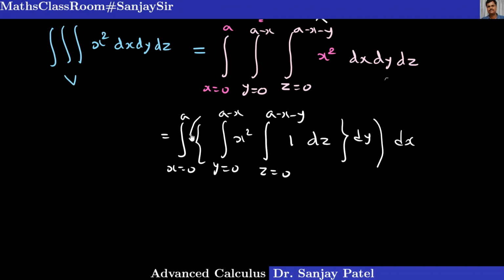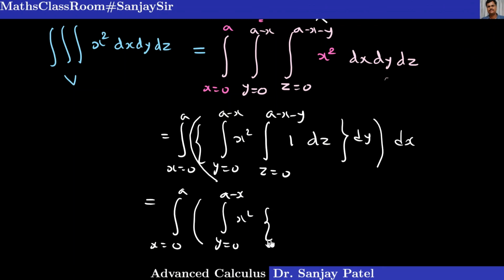Okay, so this is equal to integral 0 to a, x square, and then integral y is equal to 0 to a minus x, and the integral of 1 is z, with limits of integration z equal to 0 to a minus x minus y, into dy and then dx.